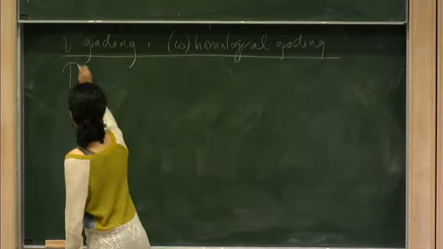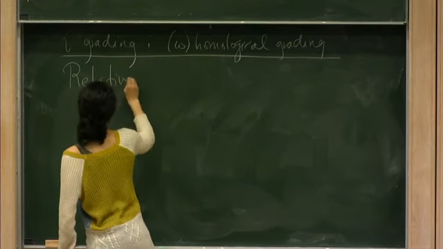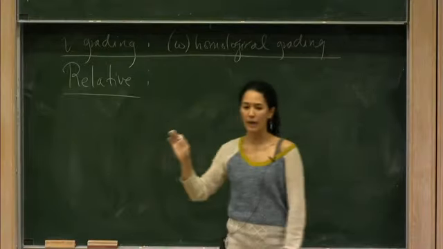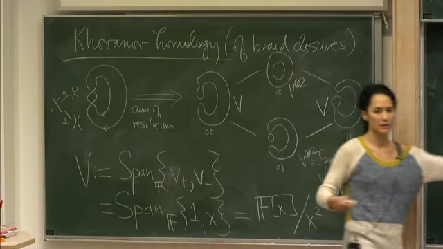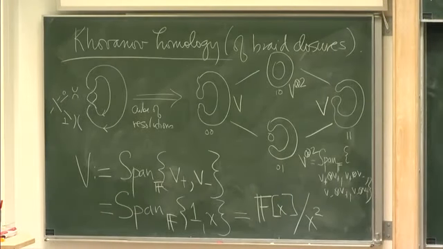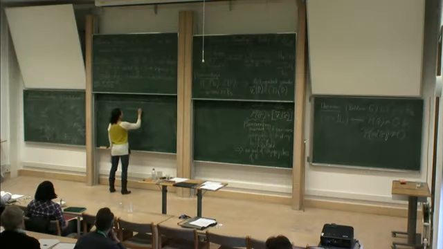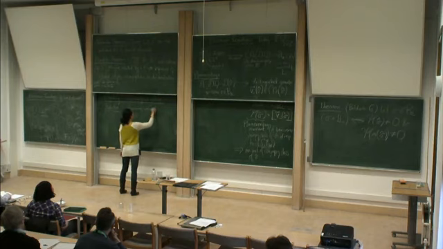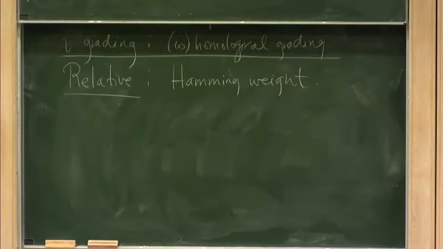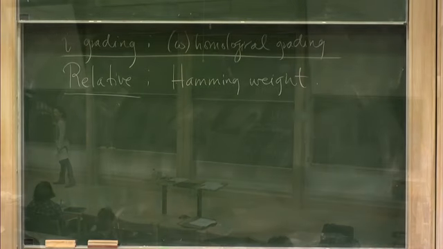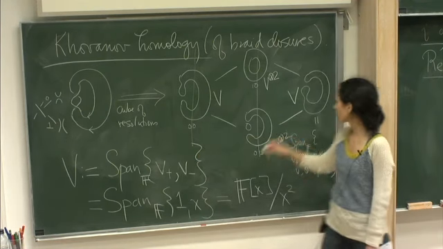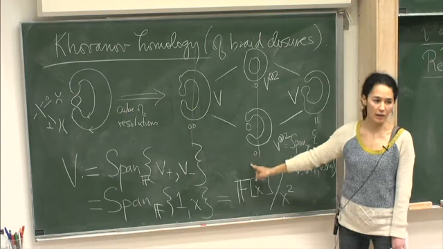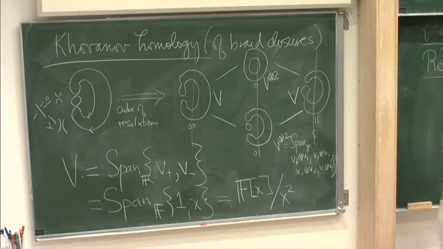So the relative homological grading is given by the Hamming weight, in other words, the sum of the binary digits. So all of the generators here are, relatively speaking, one more in cohomological grading than these ones. And all of the generators here are one more than these ones. So you have this flattening of the cube.